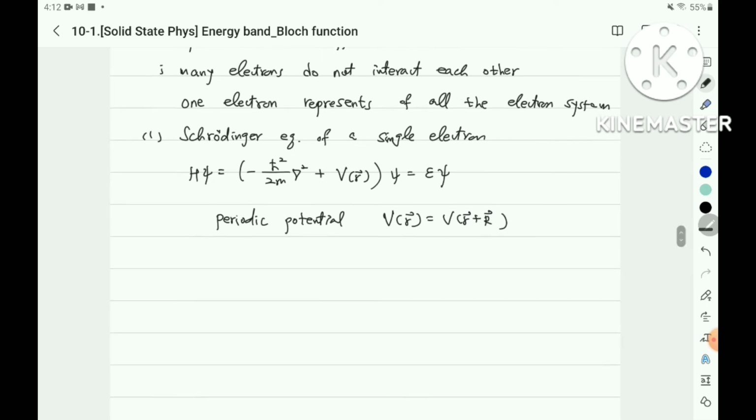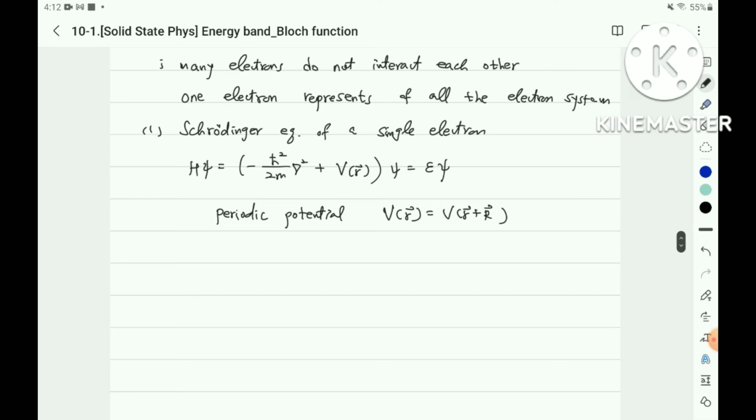Because the potential is periodic, the electronic wave function should also be periodic. Therefore, the wave function should satisfy the periodic translational symmetry.